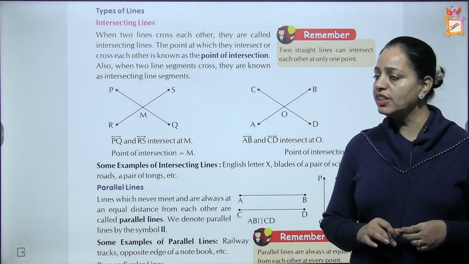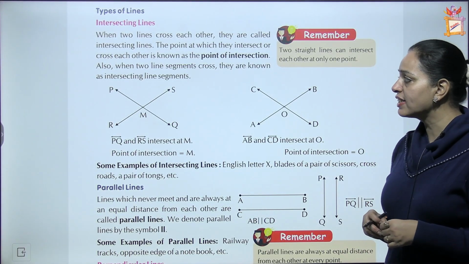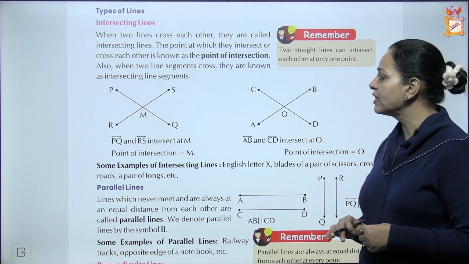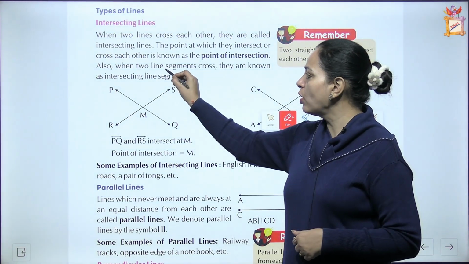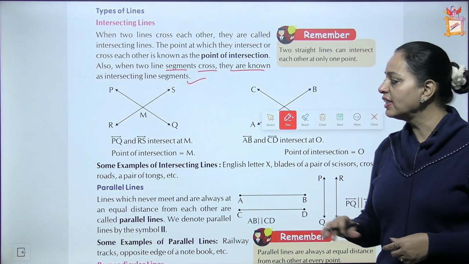Now we are talking about types of lines, intersecting lines. When two lines cross each other, they are called intersecting lines. The point at which they intersect or cross each other is known as the point of intersection. Also, when two line segments cross, they are known as intersecting line segments.